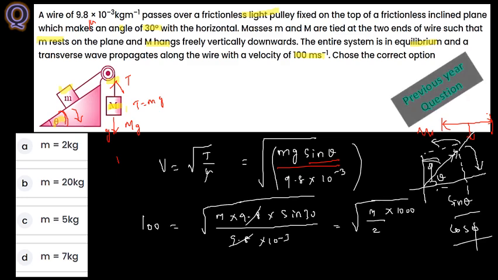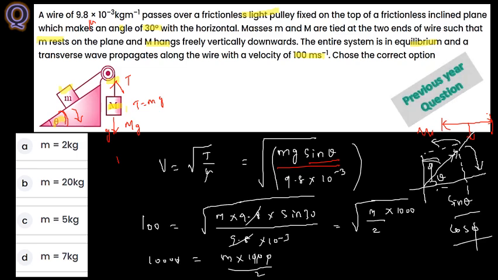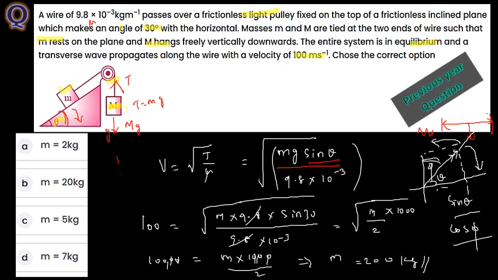Now square on either side, so this becomes 10,000, and the root will go. So m into 1000 divided by 2, the 3 zeros will be cancelled, so m is 200 kg. The 3 zeros cancelled, so m here is 20 kg.